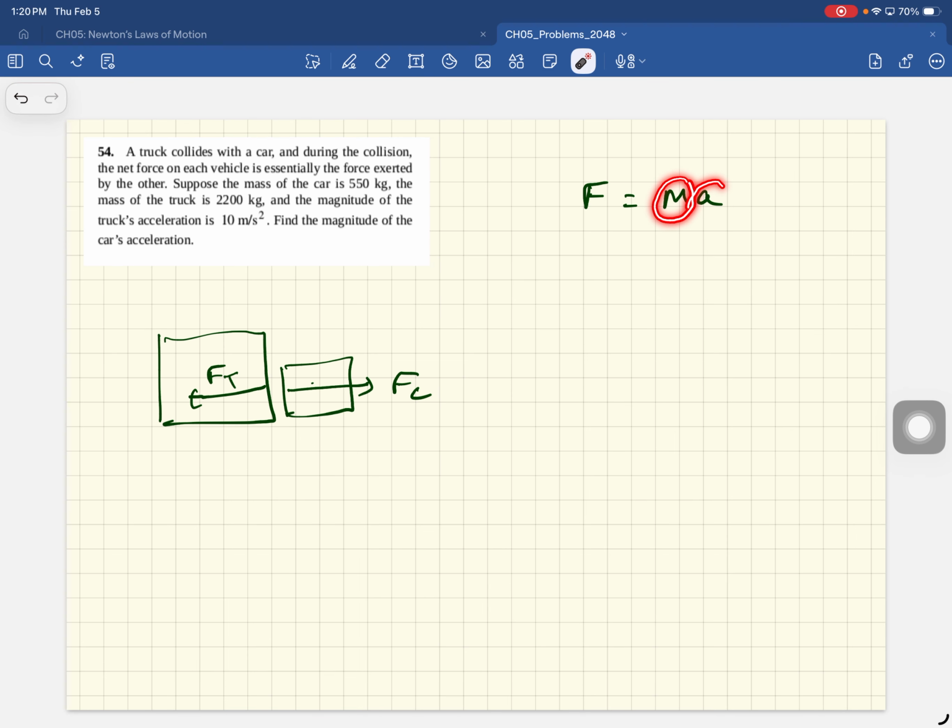She stands 6 meters away from the car, so this is 6 meters, and 6 meters away from the tree, so this is 6 meters. What is the tension in the rope? That's the force on the car when she applies a force of 610 newtons. 610 newtons is roughly her weight, so she's leaning against the rope.